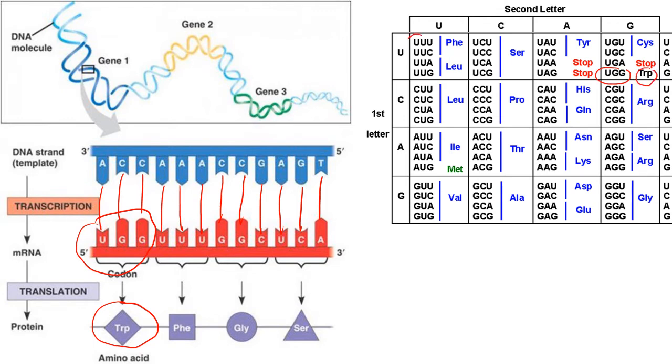UUU, coding for phenylalanine, and so forth, until all of the amino acids are put in the correct order and come together to form a polypeptide, a protein, a string of amino acids connected by peptide bonds. DNA, RNA, protein, trait.